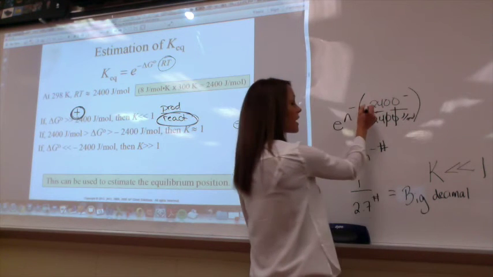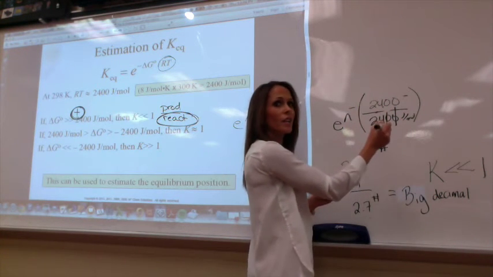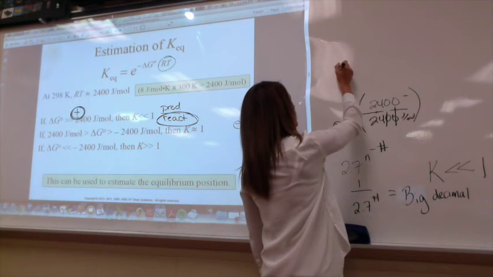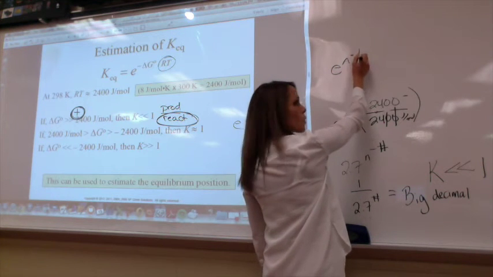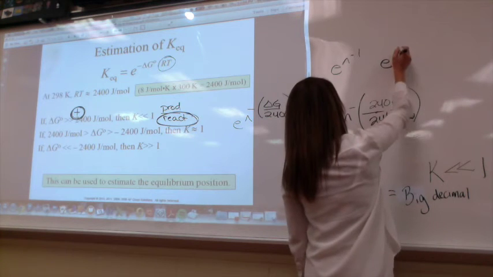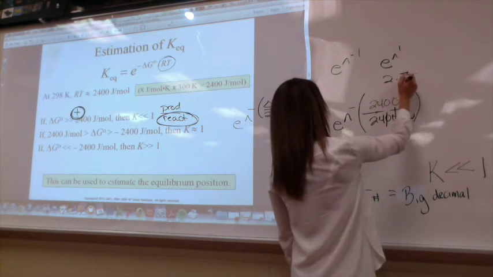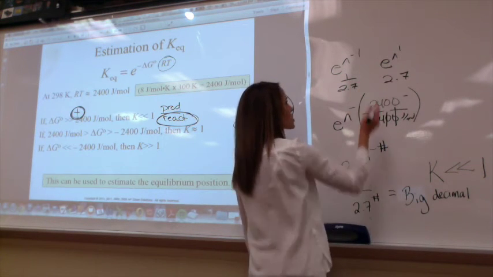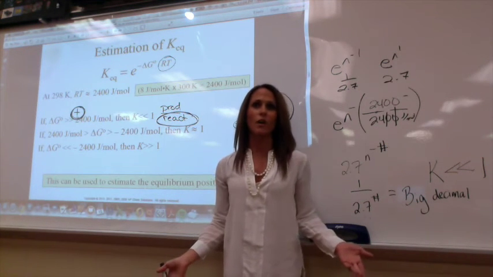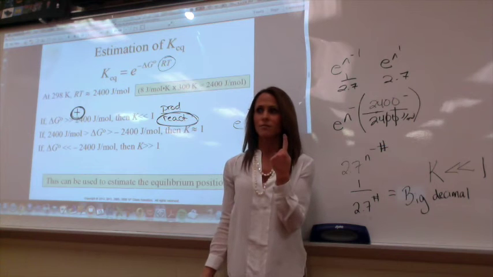So either it's positive 2,400 or negative 2,400, which just means that you're either going to get e raised to the negative 1 or e raised to the 1. So you're either going to have 2.7 or 1 over 2.7, which is roughly going to give you your KEQ value of 1.